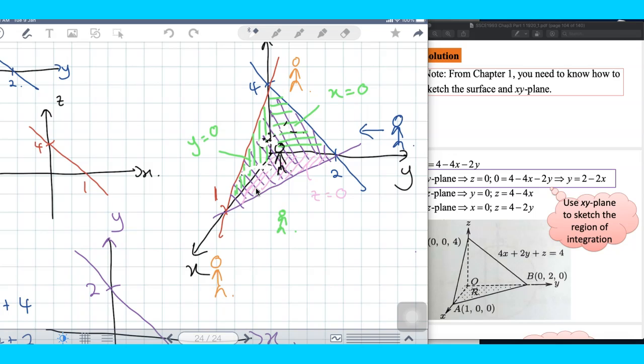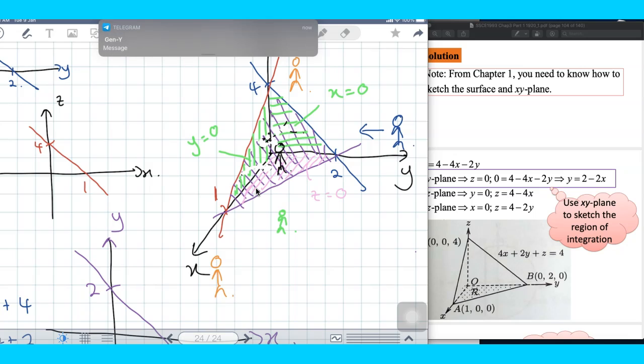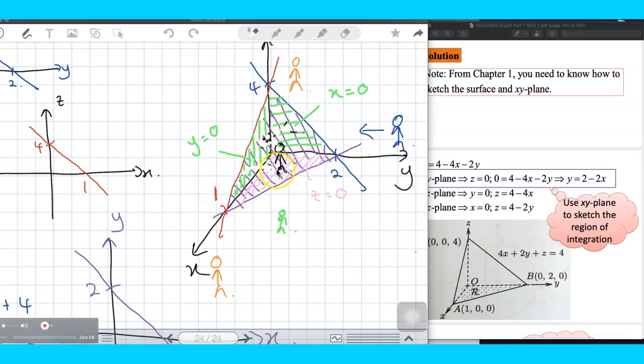Now ask yourself, if you're standing like that, what is your floor? You should answer which plane you are on. If I ask you where your floor is right now, when you're standing like this, you will see that my floor is on the XY plane.